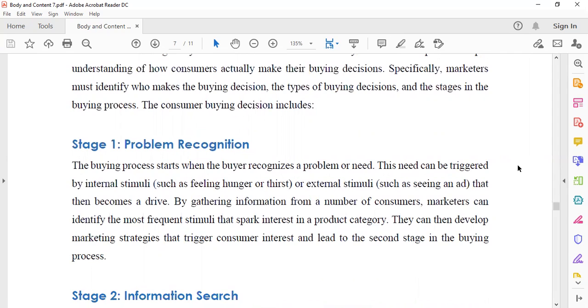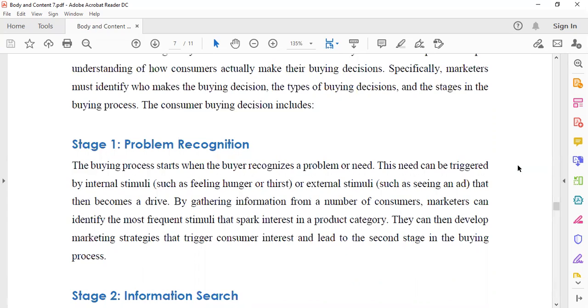An individual identifies a need, and this need would come from any of the factors we just discussed. Could be by social factor, could be psychological, just a need arises, and it drives the consumer to want to find a product or a service to fill the gap.